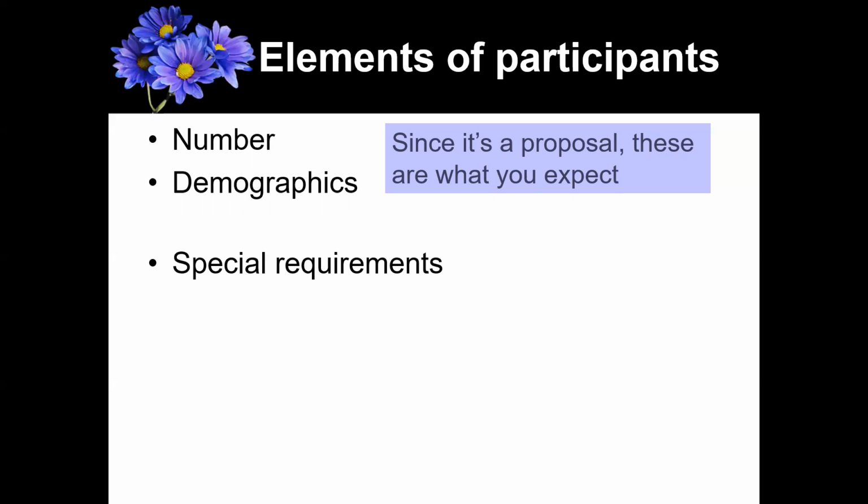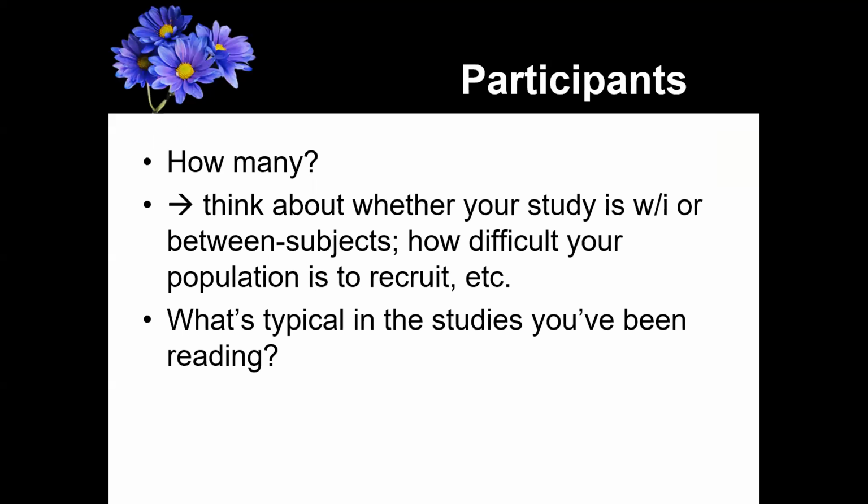Okay, so to do the study, participants had to be this depressed by some metric or be diagnosed with ADHD based on some factor. That's something you would explain in your participant section.